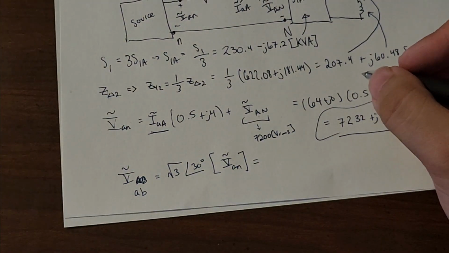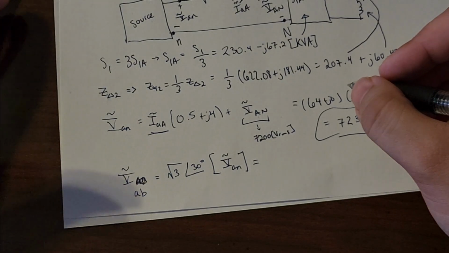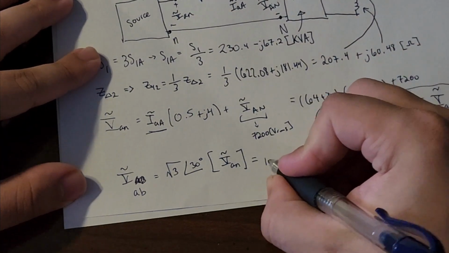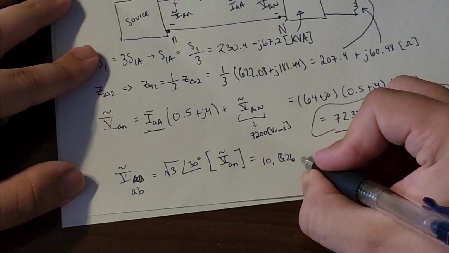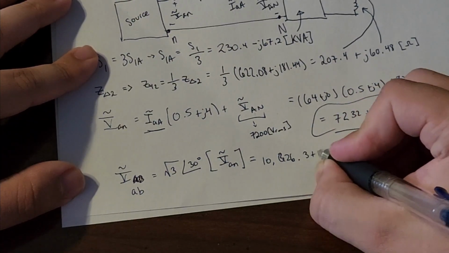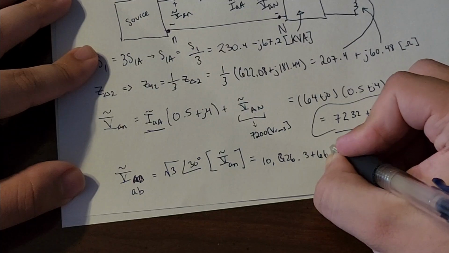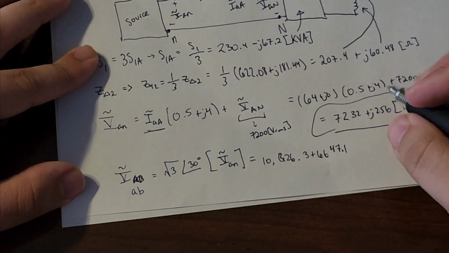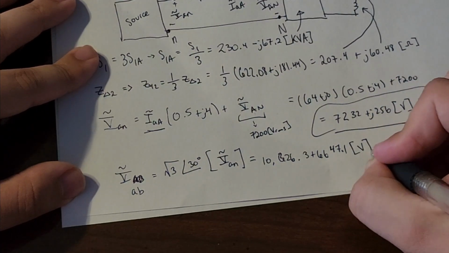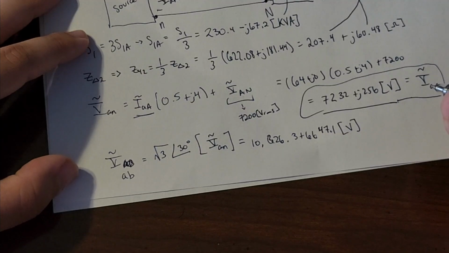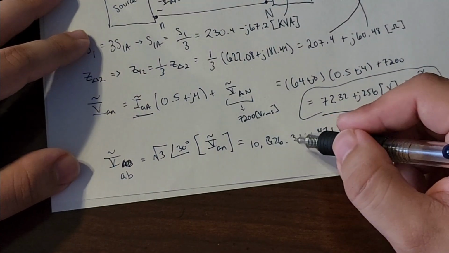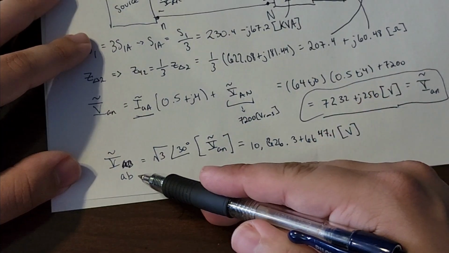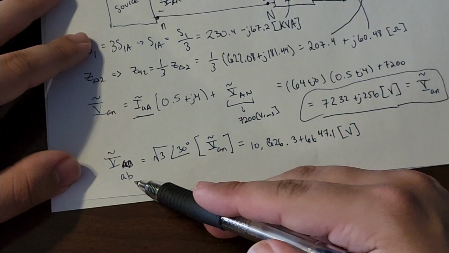So what we're going to get here is 10,626.3 plus j6,647.1. And remember, this is in volts. All right, so this is mostly our answer. This is in the rectangular form of our line voltage at the source end.